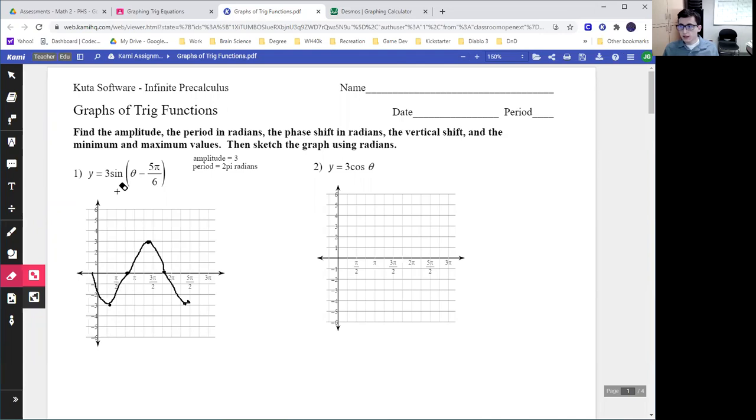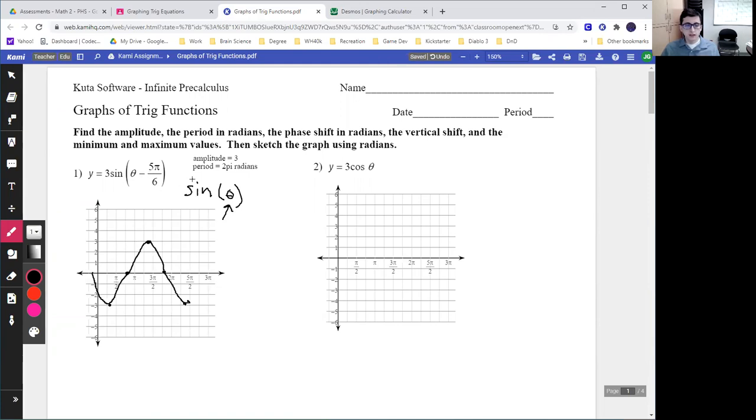And the reasoning behind that is based on making these values line up with the regular sine of theta, right? So for example, in this one, if I put sine of 0, that'll be 0, right?